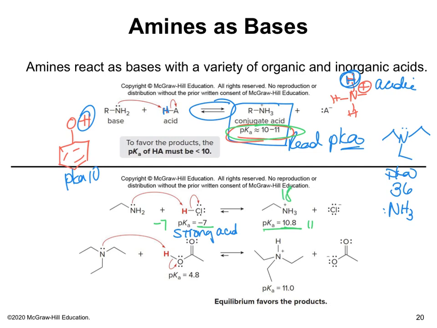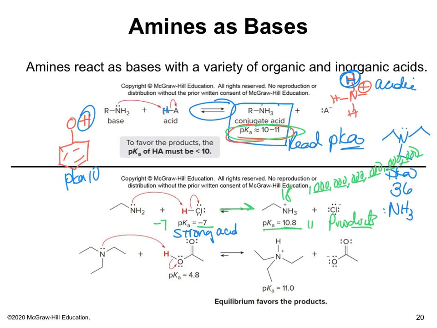There's an 18 difference there, so that's 18 zeros. Okay? If you don't think that's a big number, then put a dollar sign in front of it, okay? And then you'll realize that's how far to the products that equilibrium arrow is lying.